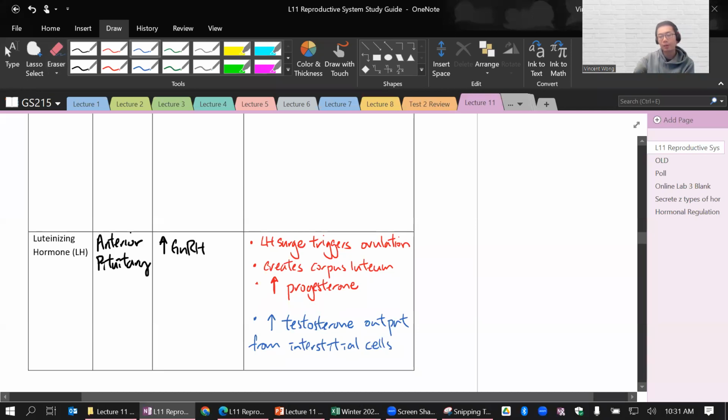These are the cells that are found in between the seminiferous tubules, right? Okay, that's LH.